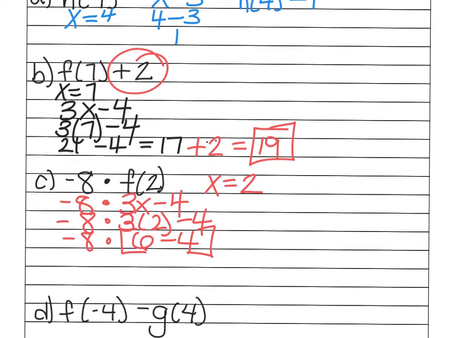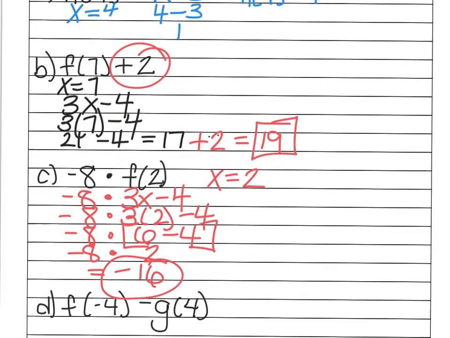Just like here, I finished the whole entire problem with the f of 7 first, and I got 17, and then I added 2. So here I'm going to figure out what f of 2 is, and once I have that, which is 6 minus 4, which is 2, then I can multiply negative 8 times 2, which is negative 16.